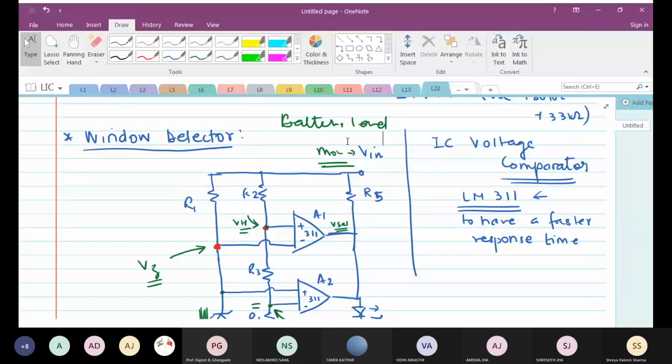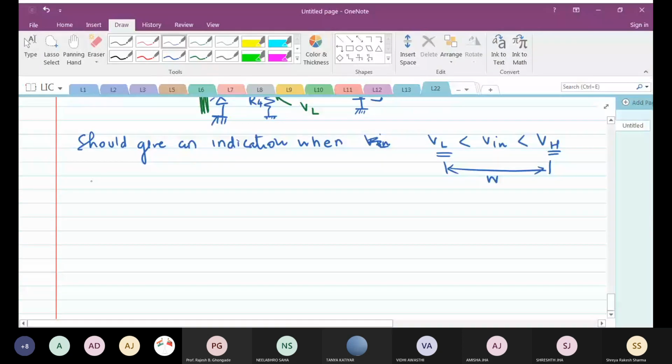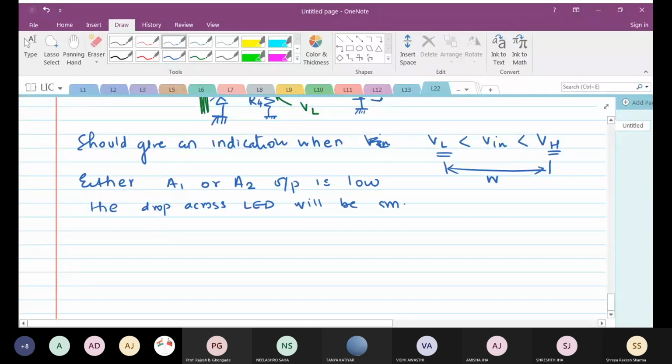Now, if either A1 or A2 output is low, the drop across the LED will be small and the LED will be off.